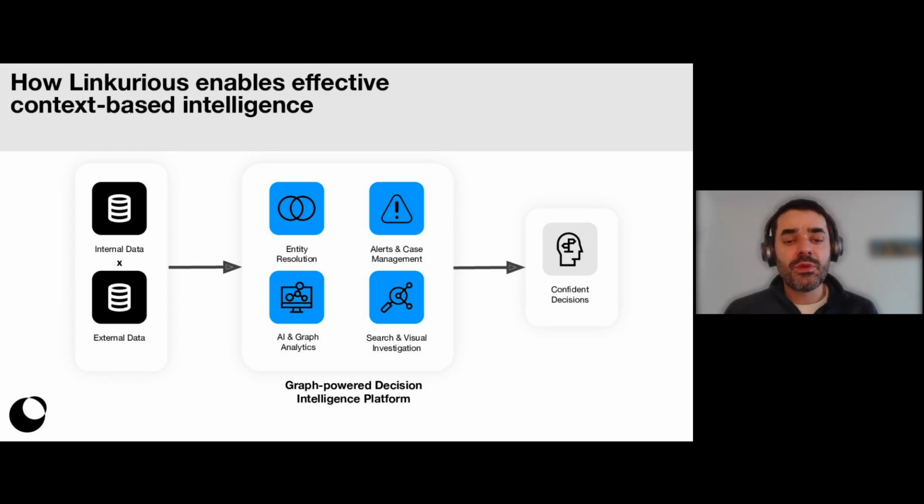These various building blocks are entity resolution. So we are applying entity resolution to fuse various data sources and help identify when different records are actually related to one and the same entity. There's also the use of AI in graph analytics to enrich the data, and then alerts and case management and search and visual investigation.